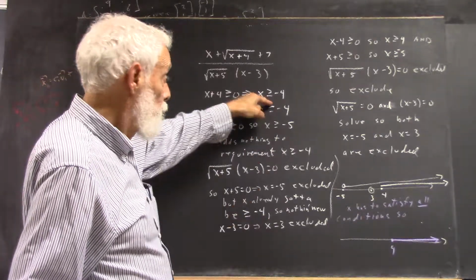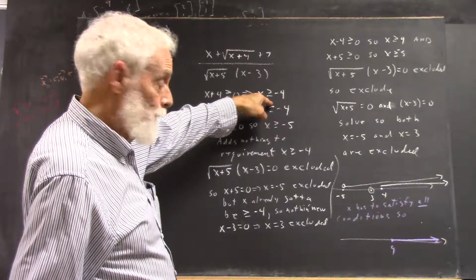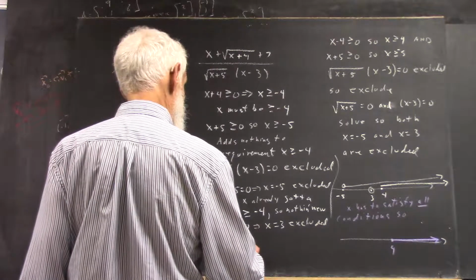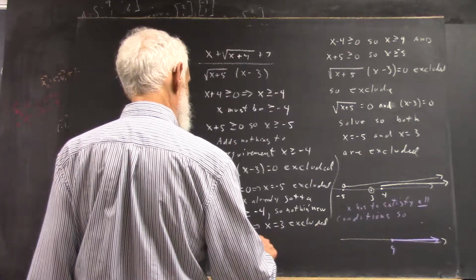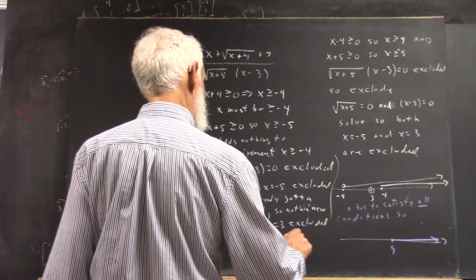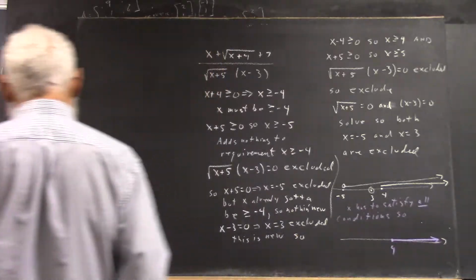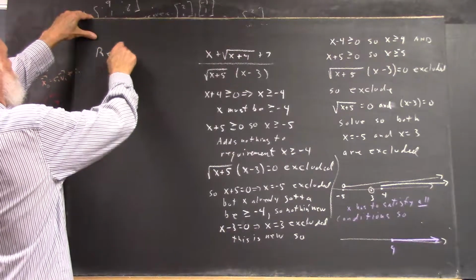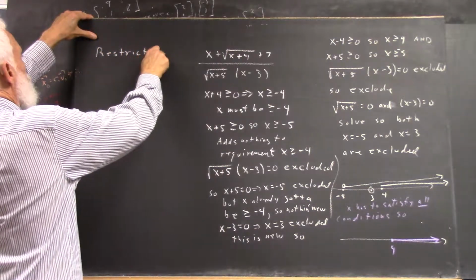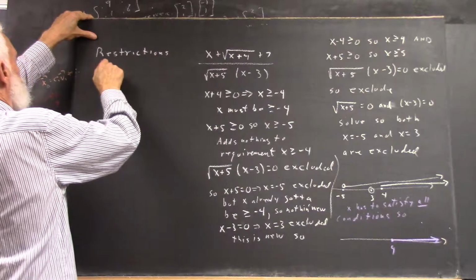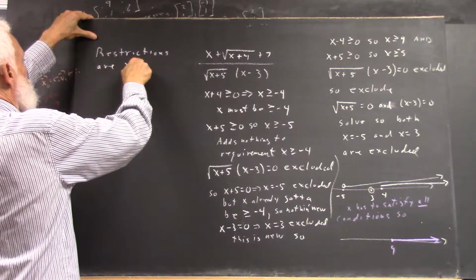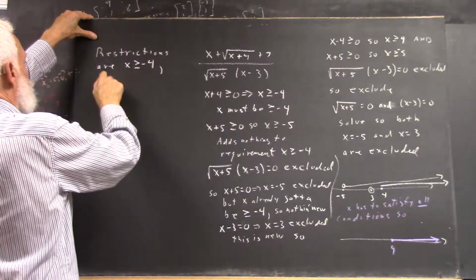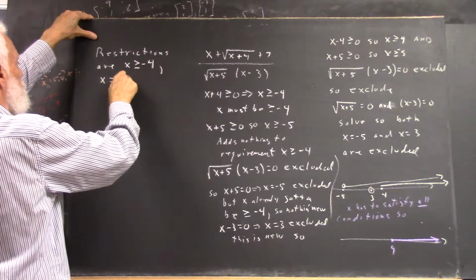Well, 3 is greater than or equal to negative 4, so this is something new. So, what are our restrictions? x has to be greater than or equal to negative 4, and x cannot be equal to 3.